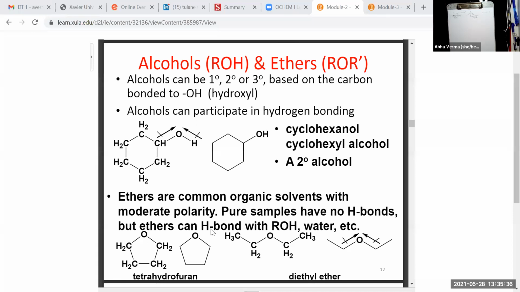In this particular case, I have a symmetrical ether. So this is my oxygen, and on either side, I have a carbon. You don't have to classify ethers as primary, secondary, or tertiary at all.